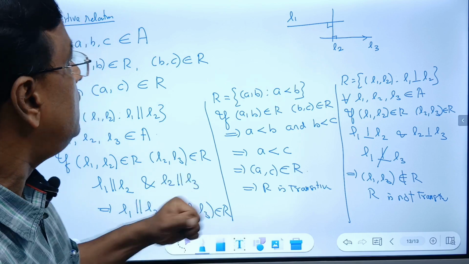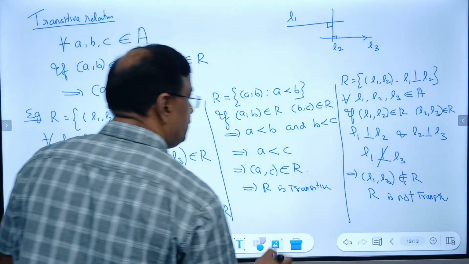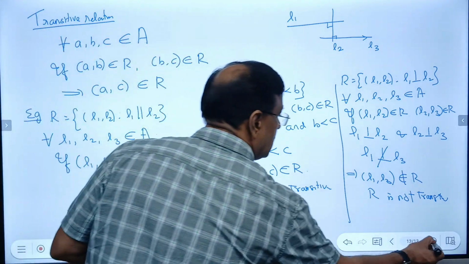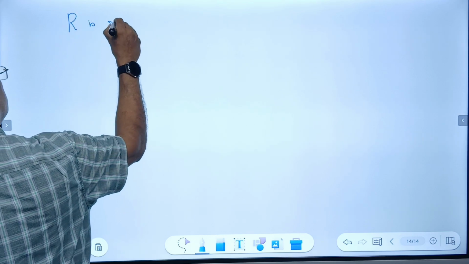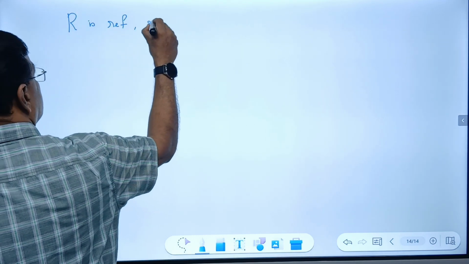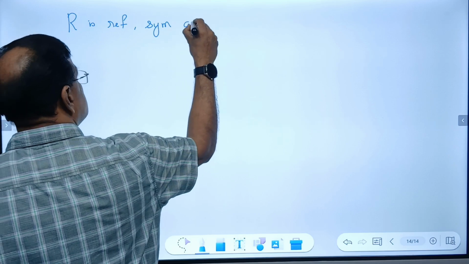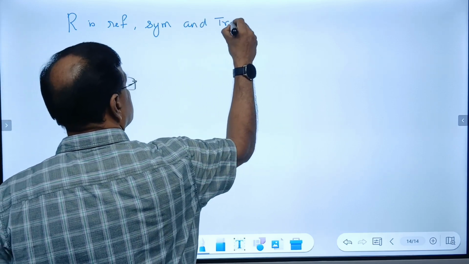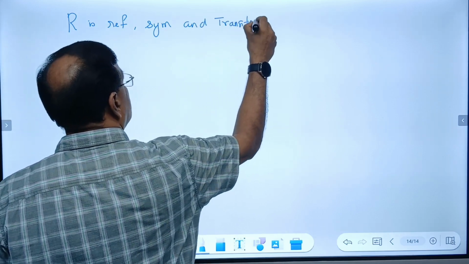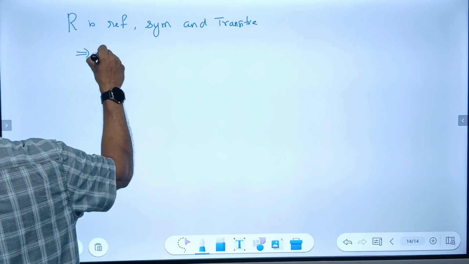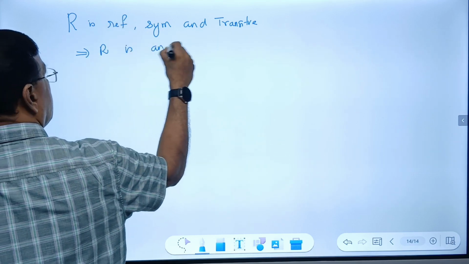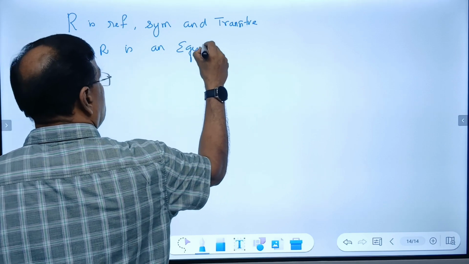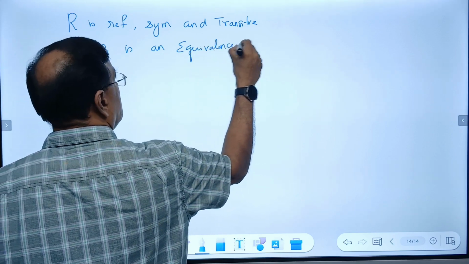And if a relation R is reflexive, symmetric and transitive, if it is all three, then we say R is an equivalence relation.